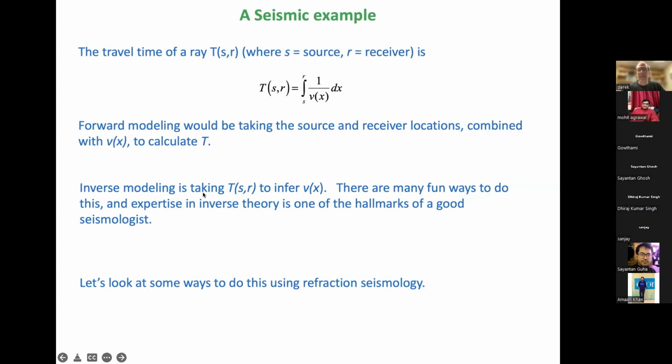Inverse modeling would be taking the observed travel time and inferring the velocity structure traveled through. There are many ways to do this, and expertise in inverse theory is one of the hallmarks of a good seismologist. To be honest, we won't actually get to any more inverse theory other than that. But let's look at some ways to get a velocity structure using refraction seismology.